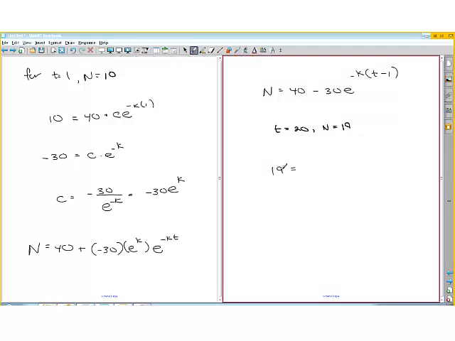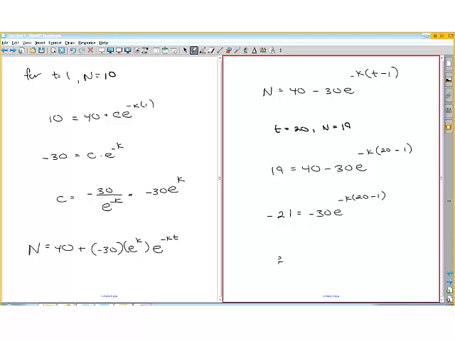So we get 19 is equal to 40 minus 30 e to the minus k times t, which is 20 minus 1. So if we subtract 40 from both sides, we'll get negative 21 is equal to negative 30 e to the minus k times 20 minus 1.